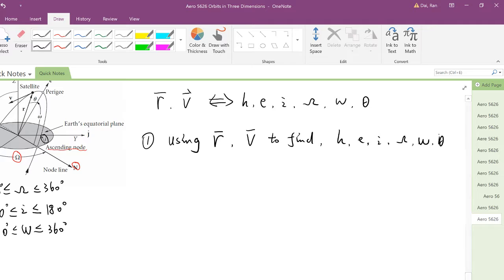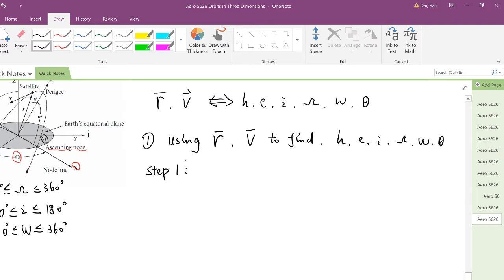And it includes several steps, and those are included as an algorithm in the book. But it's necessary for us to know the detailed steps first. So step 1.